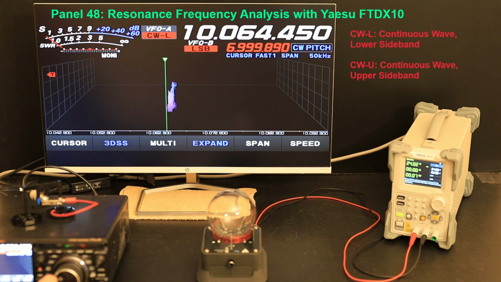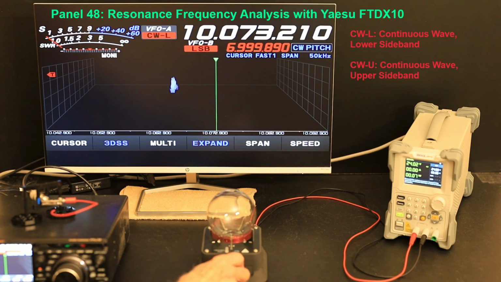Incoming signals form a beat note, heard as a steady tone, but oscillator harmonics and frequency mixing add complexity to the transceiver's audio output. The Yaesu transceiver pinpointed the oscillator's 10.065 MHz resonance, demonstrating its precision in frequency analysis.